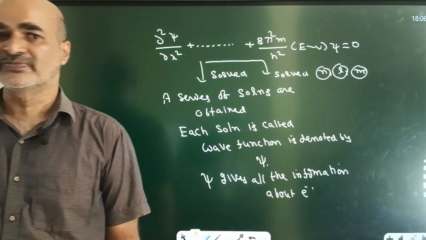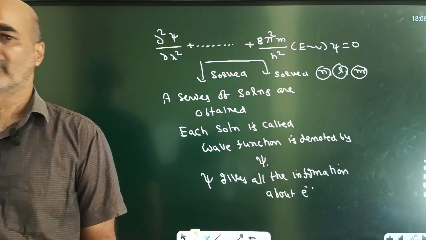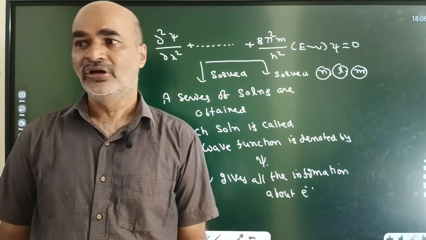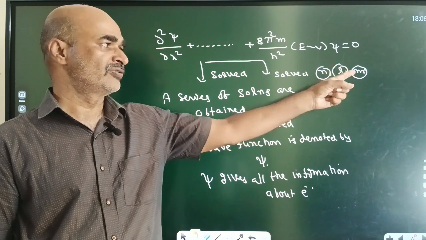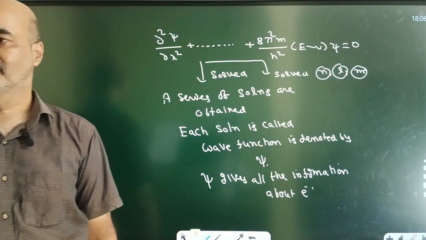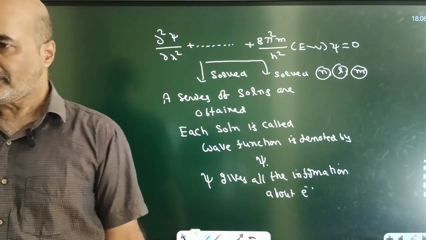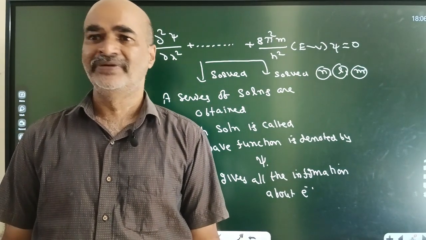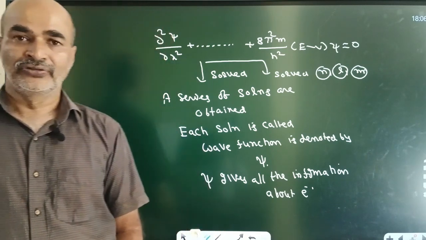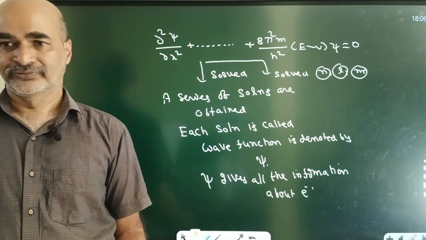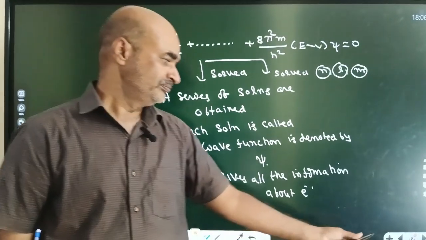But an orbital is a small region around the nucleus where the probability of finding an electron is maximum. An orbital is characterized by three quantum numbers: principal, azimuthal, and magnetic. So from the de Broglie concept onwards, you have to replace orbits and introduce orbitals. Tomorrow we will discuss quantum numbers and shapes of orbitals.